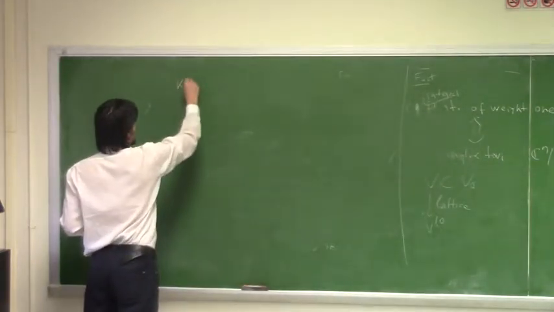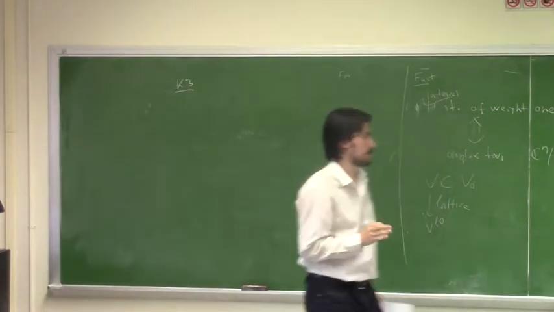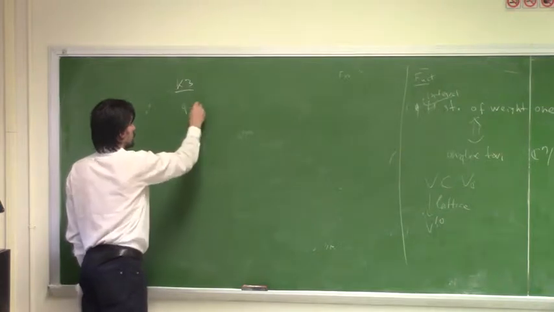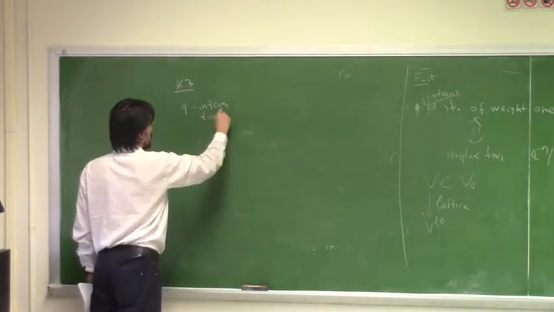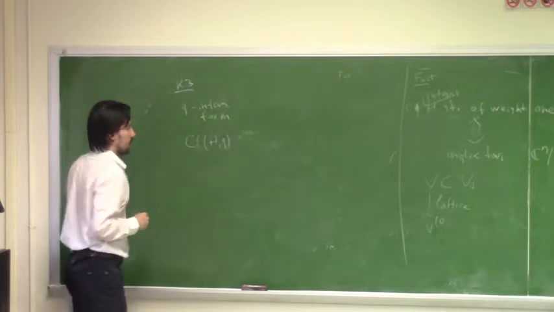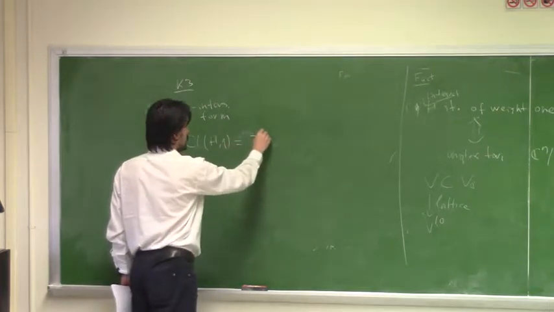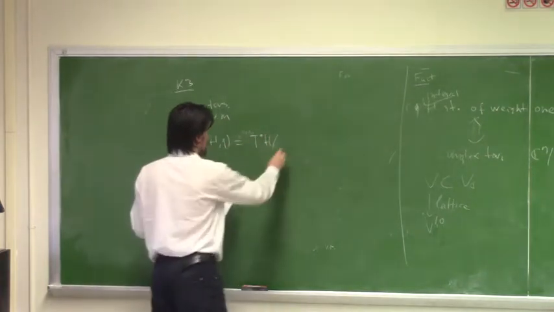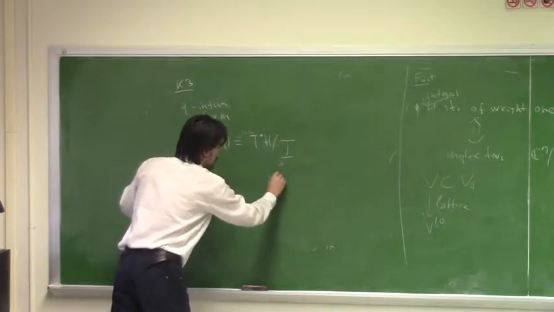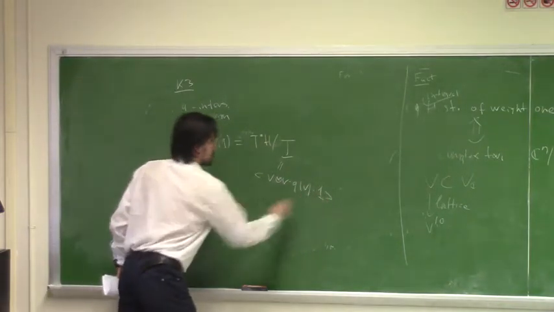For a K3, a two-dimensional complex surface with trivial canonical bundle, the intersection form defines Q. Then we consider the Clifford module for the second homology with the intersection form Q. This is the quotient of the tensor algebra by the ideal formed by v tensor v minus Q(v).